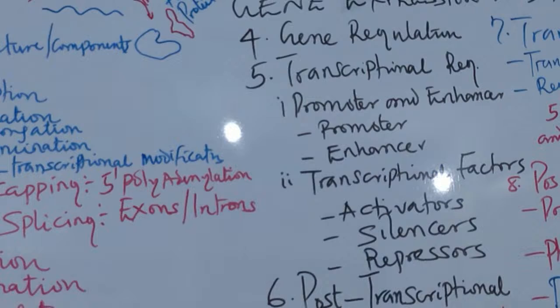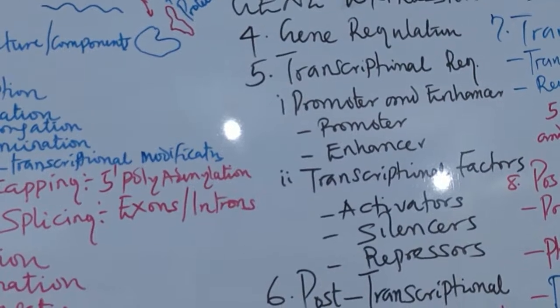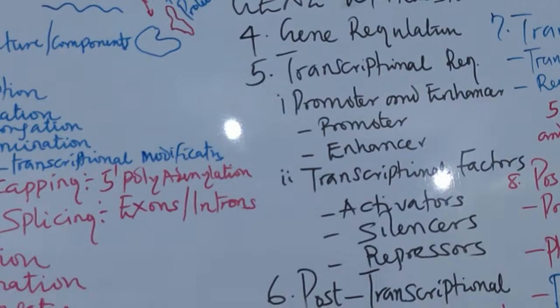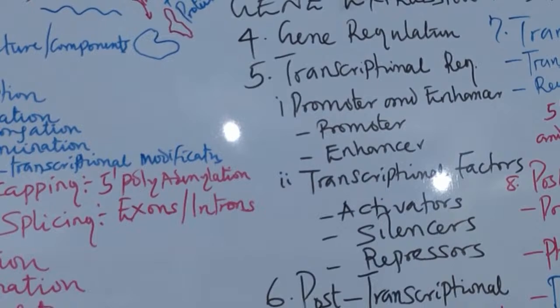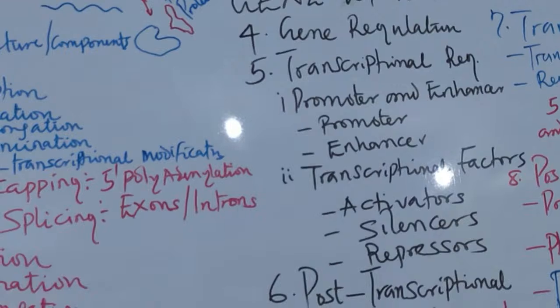The first one is that there is often gene regulation at the promoter and enhancer region. Don't forget that a promoter region is an initiator, a point where the RNA polymerase and the transcriptional factors will bind. That is when the process of gene activation or gene expression will begin.